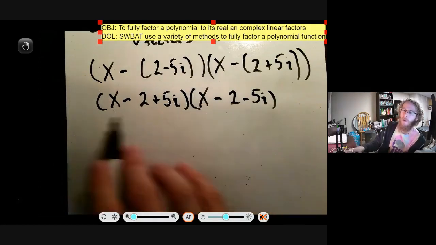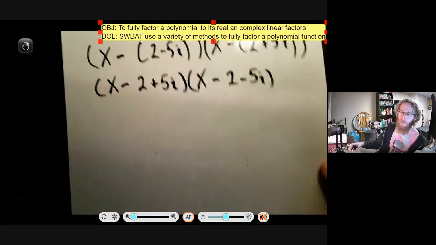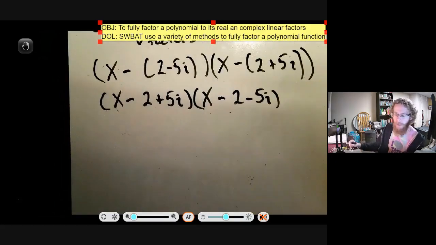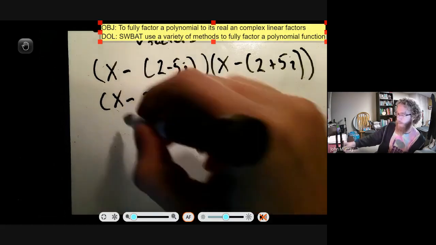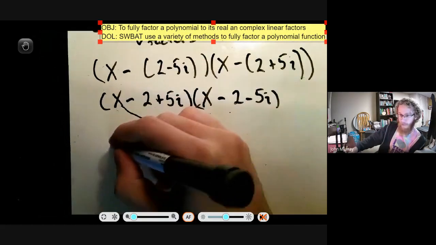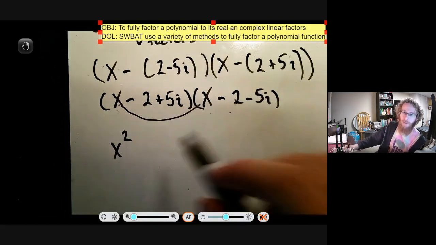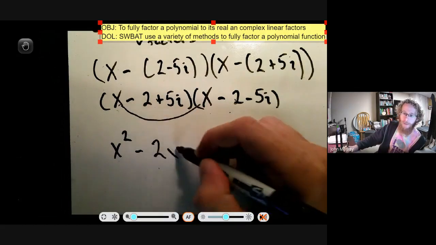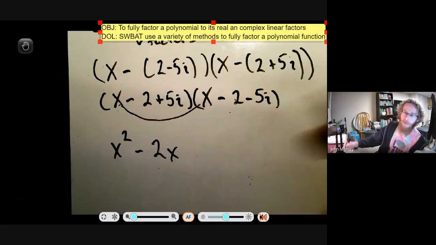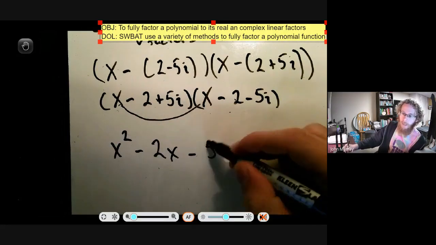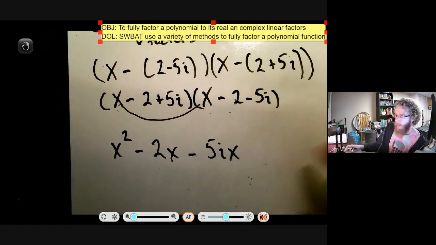Okay. So again, I'm going to do it with my method, how I'd kind of line them up. I saw some of you implement that. Again, if you feel comfortable with it, continue to use it. If you like whatever method that you learned before, stick with that. So we have x times x, x squared. x times -2, -2x. x times -5i, -5ix.